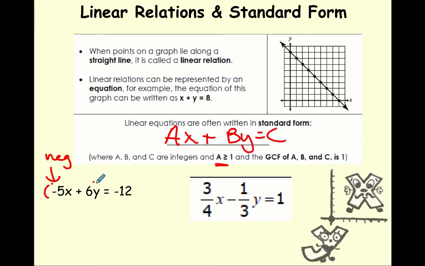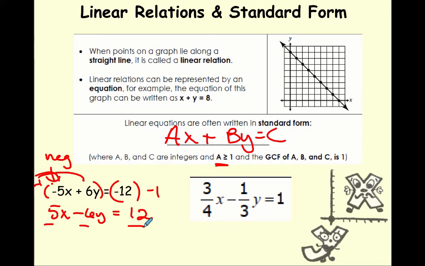If I multiply by -1 on the left and -1 on the right, and then distribute that -1, I get 5x minus 6y, and then -12 times -1 makes positive 12. There are no common factors of 5, 6, and 12 other than 1, so that's our standard form.